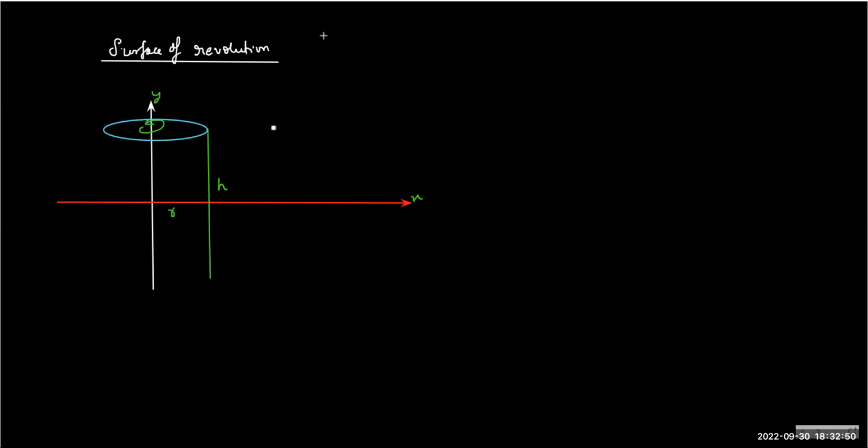So the surface area of this cylinder is called the surface of revolution of the line, which means if someone will revolve the line around a given axis, it will trace this particular shape.